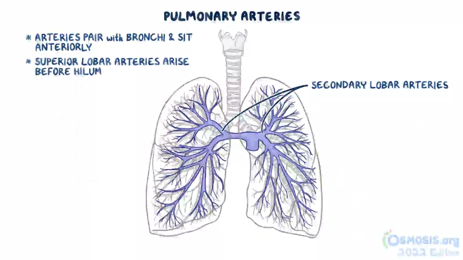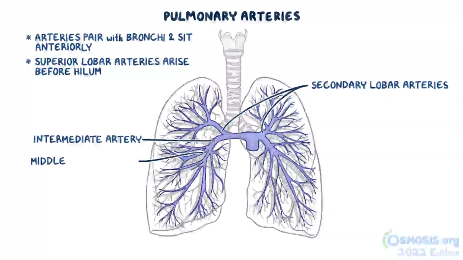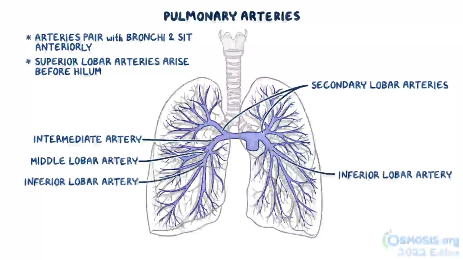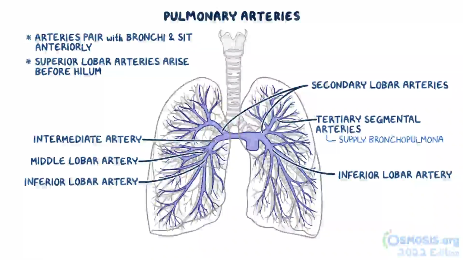Continuing into the lung, the artery descends posteriorly and laterally to the main bronchus. In the right lung, it continues as the intermediate artery that will divide into middle and inferior lobar arteries, and in the left lung, it continues as the inferior lobar artery. Lobar arteries further divide into tertiary segmental arteries, which are what supply the bronchopulmonary segments.